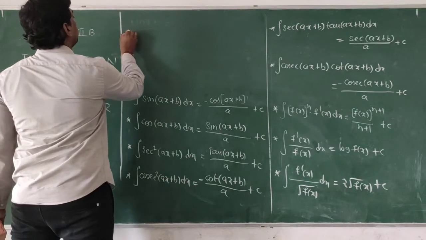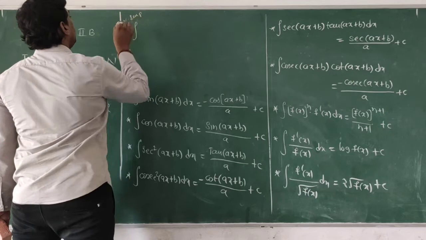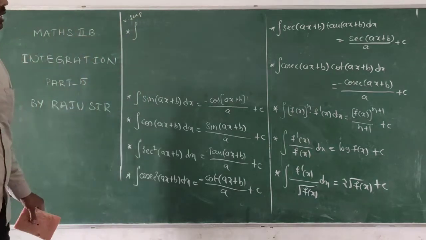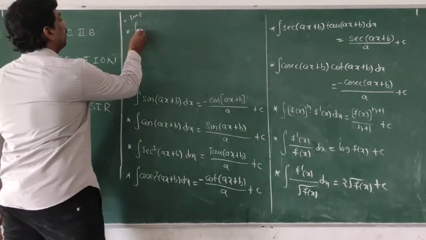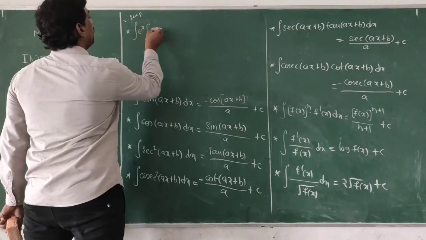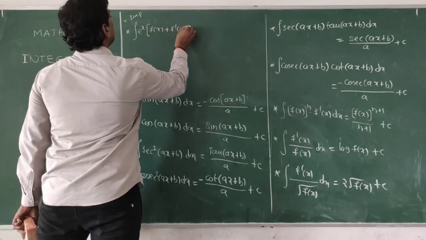Now the last formula. This one is a very important formula. A 2 marks question must and should be given on the application of this formula only. That formula is integration of e power x into f of x plus f dash x dx.